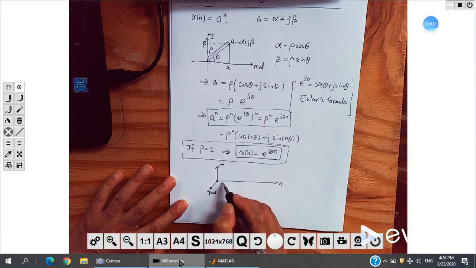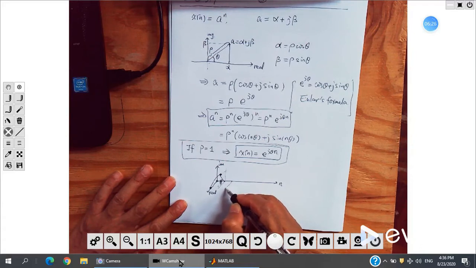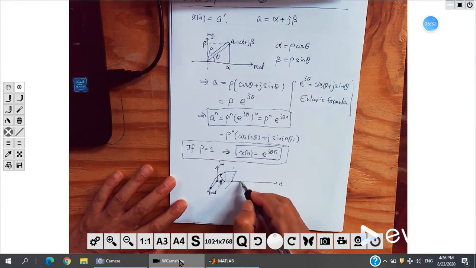When n is 1, it will be some point here, depending on the value of theta. Theta is here. And for the next point, there will be two theta. They go to that side. And the next n, they even go down to here, right?